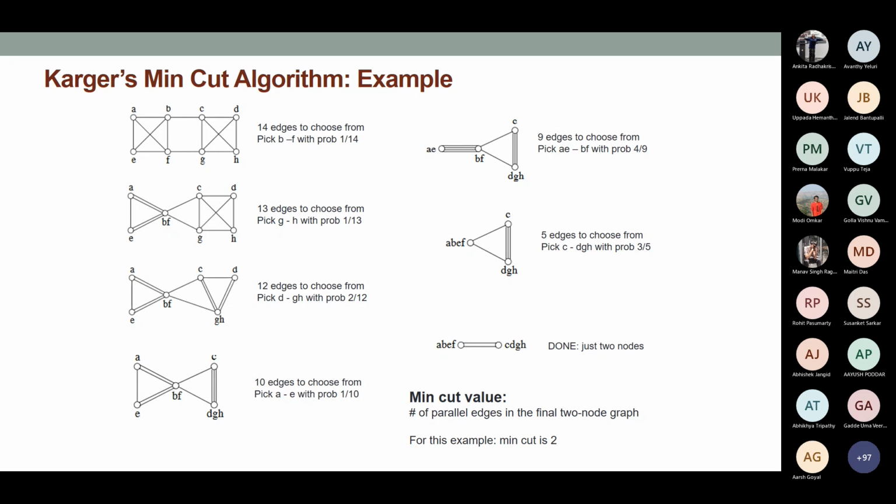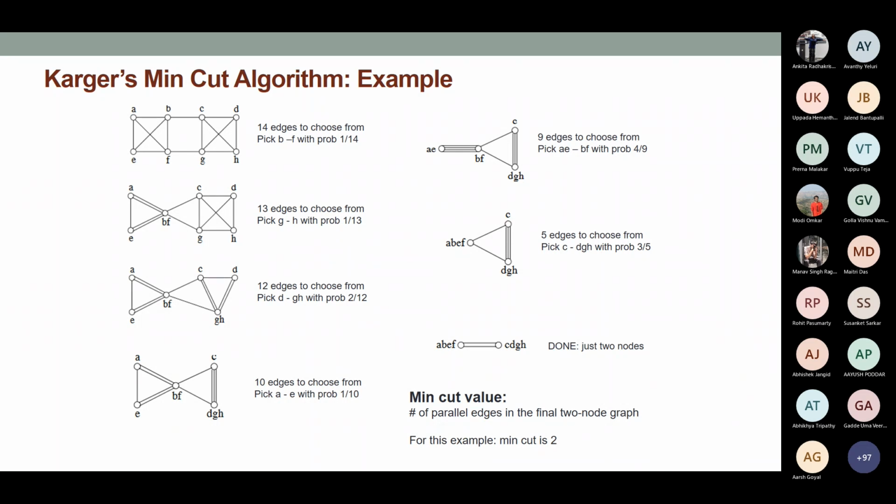Now, when can the probability become high? Think about the top right side graph. There are 4 nodes: AE, BF, DGH, and C. In this case, it is highly likely that AE and BF will be chosen. That is the most probable situation. Why? Because there are too many edges between them.